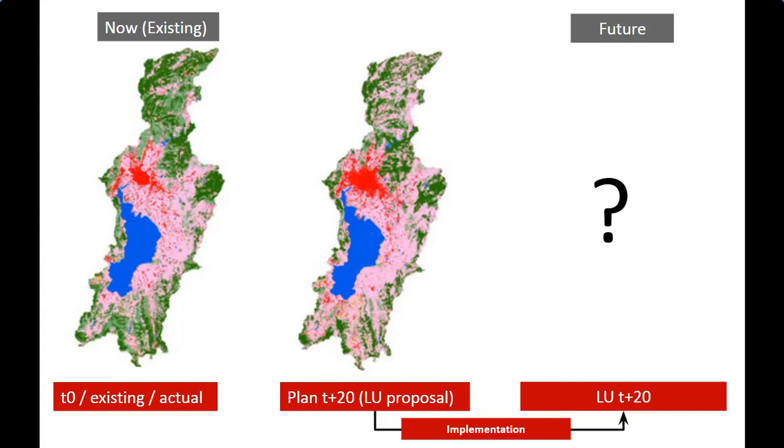And then a team of planners from different backgrounds, like economy, environmental planners, geographers, and other members of the team, formulate the land use plan, or we can also say land use proposals, within 20 years in the future. So the map in the center is the proposed land use for the next 20 years.